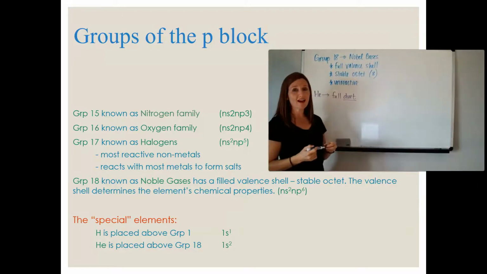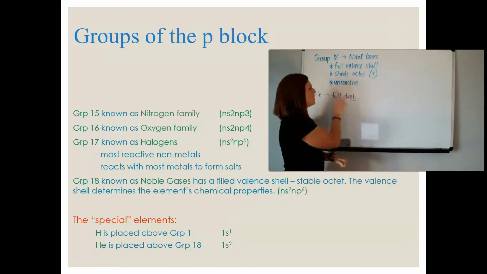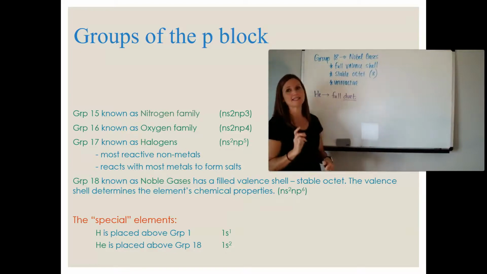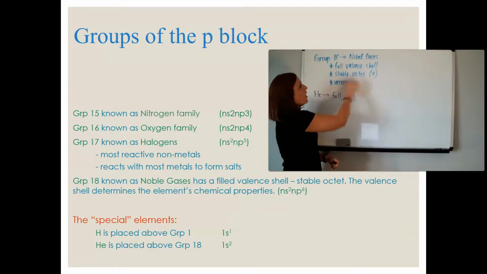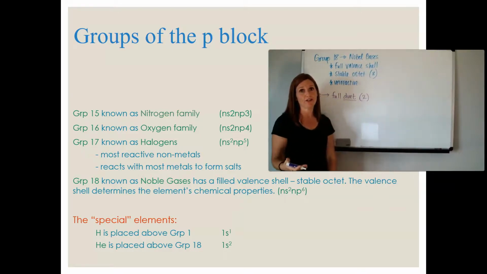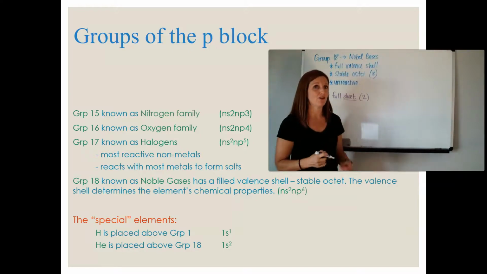If you've ever sung a solo before, you know that if you sing with someone else, if it's just the two of you singing, we call that a duet, two. So helium has a duet instead of an octet because it has 2 electrons in its full valence shell instead of 8 electrons.